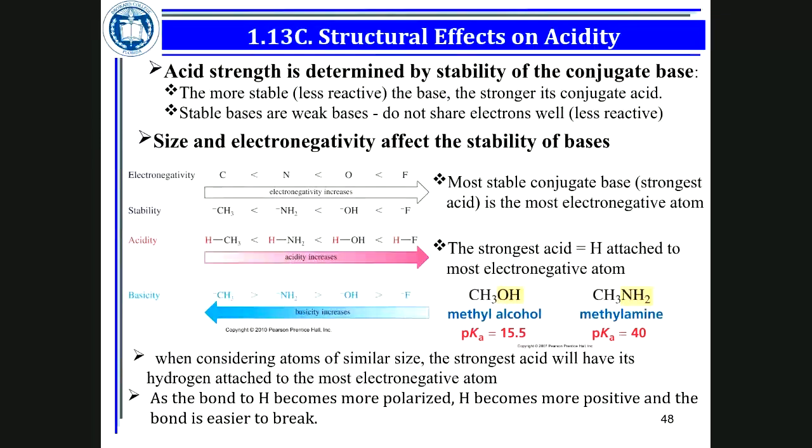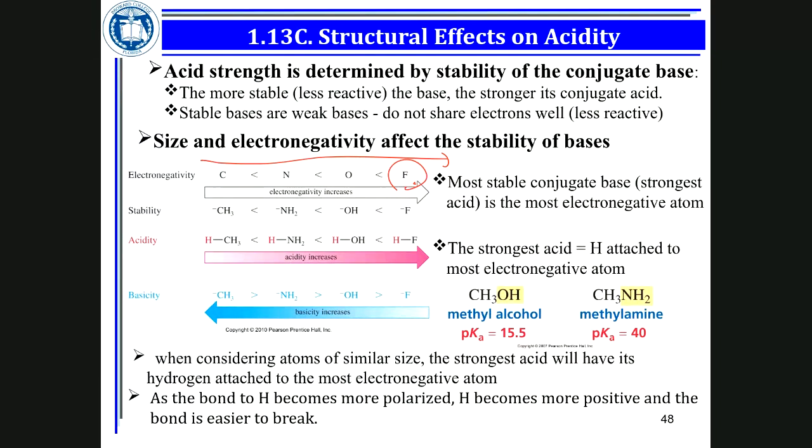So if you are going from carbon to fluorine, CH, NH, OH, HF, the higher the electronegativity of the element attached to hydrogen, the stronger the acid is going to be. Okay?